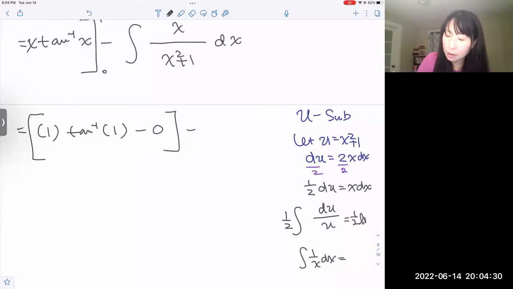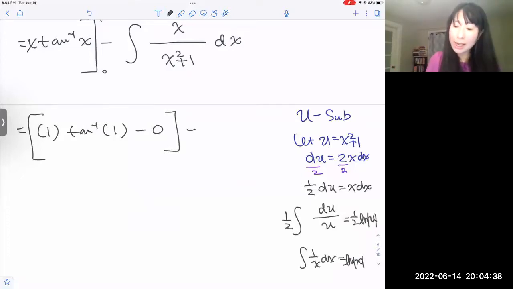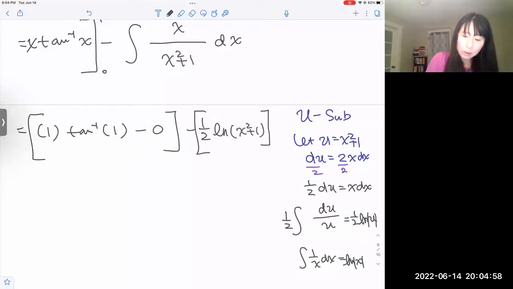So ln u, right? So it will be u was x squared plus 1, which is positive, so we don't need the absolute value. So we have 1 over 2 ln of x squared plus 1 from 0 to 1.